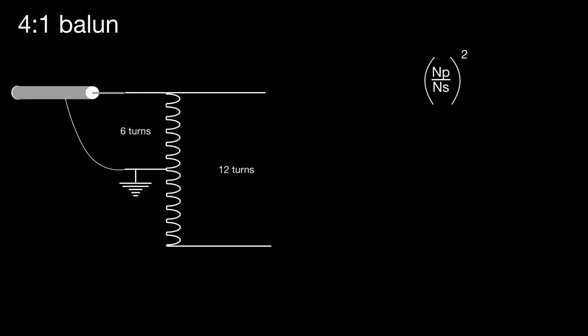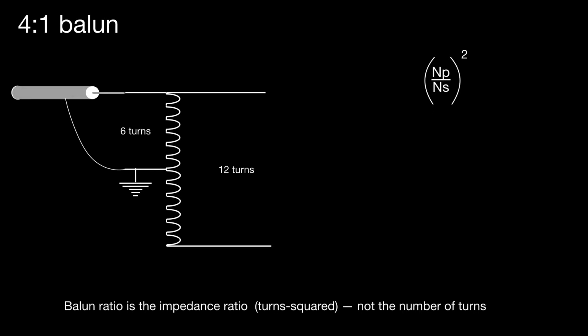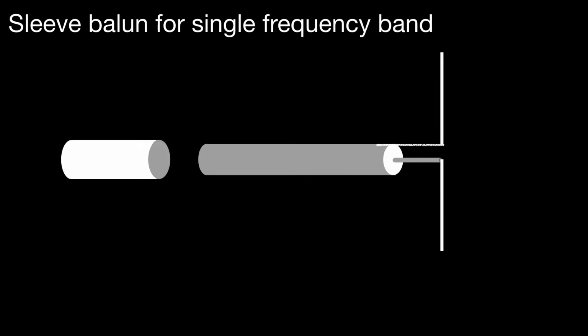So if we look at the term that sets the impedance transformation, you remember from the formula on the previous slide, the term that is significant is NP over NS squared. And if we have a look at that, in our case it would be 12 over 6 squared, which is 2 squared, which is 4. So that's why it's a 4-to-1 Balun.